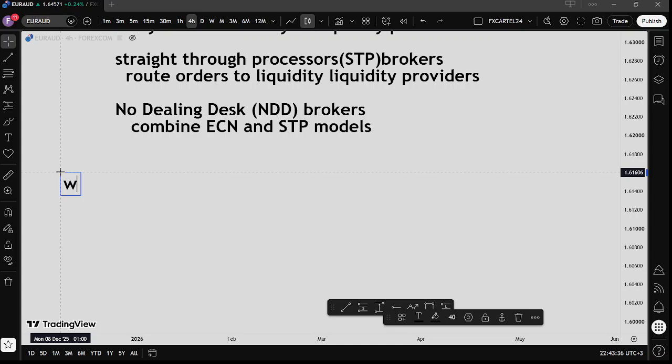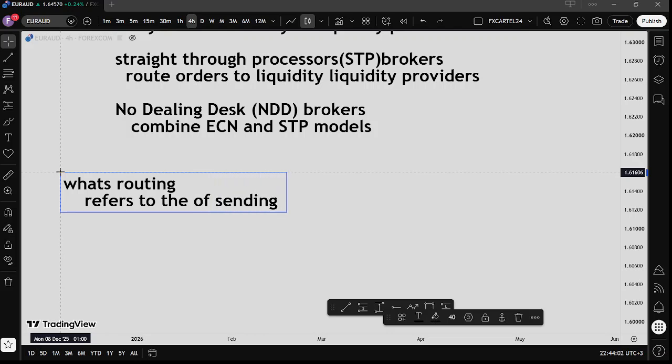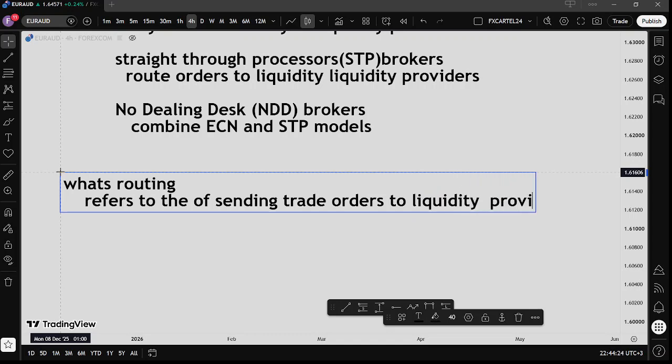What is routing? Routing refers to the process of sending trade orders to liquidity providers for execution.